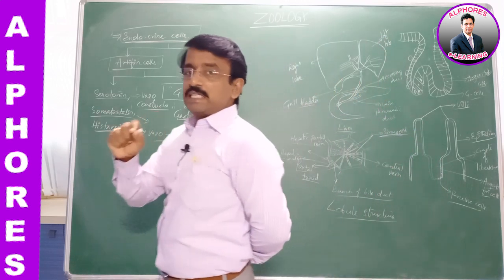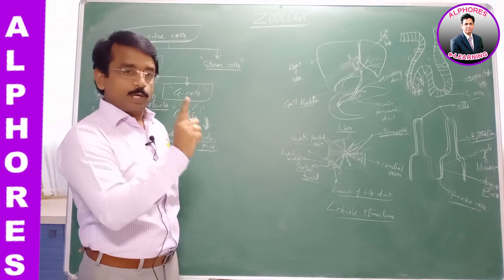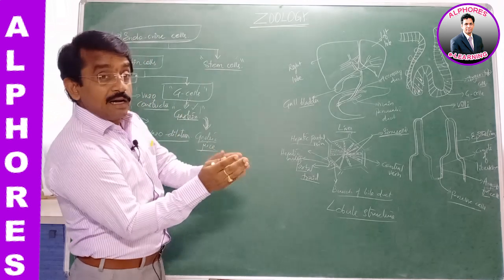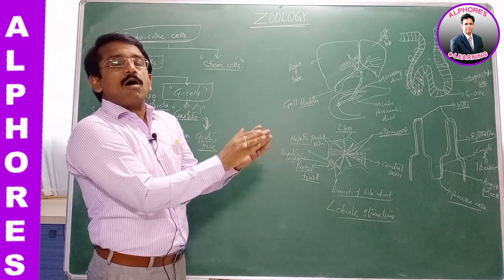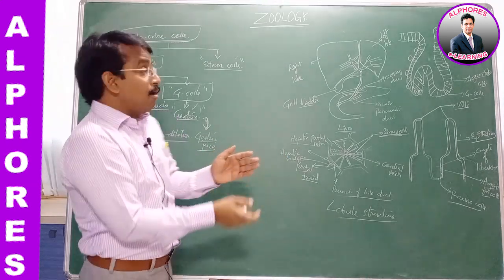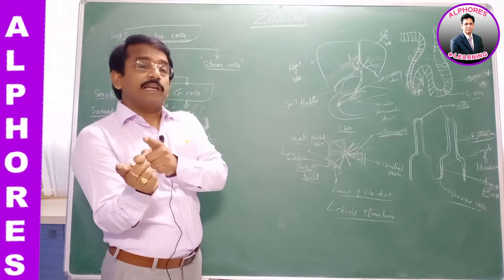Exocrine, duct glands, digestive glands. So these are the digestive glands, extra outside the alimentary canal and intra inside.